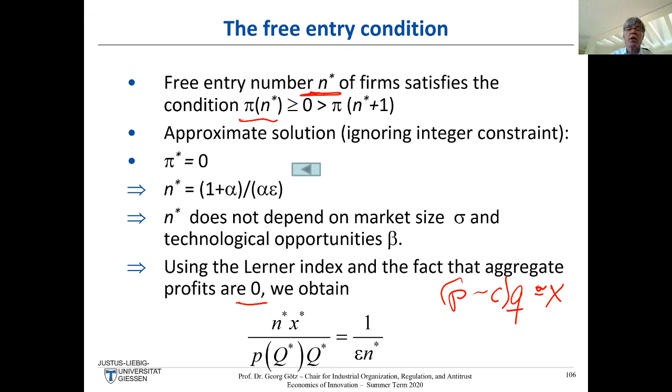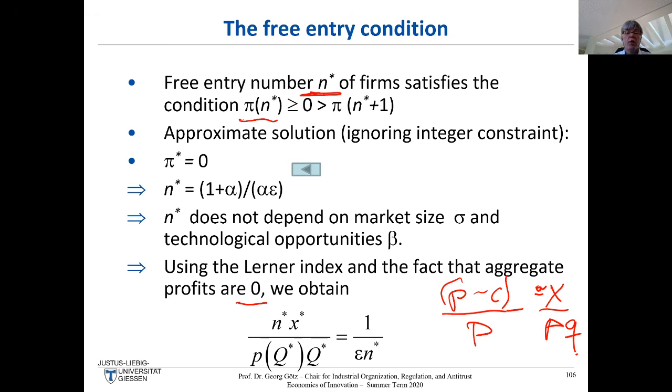On the other side, what we can do as well is divide by n. We multiply by n. We divide by P on both sides. And what we also have here, the Q is not nice, so we divide by Q here.